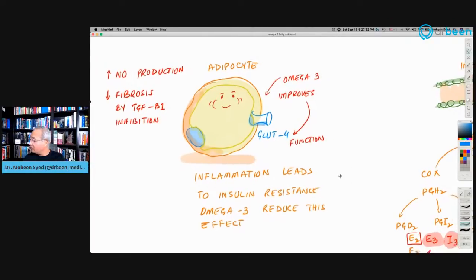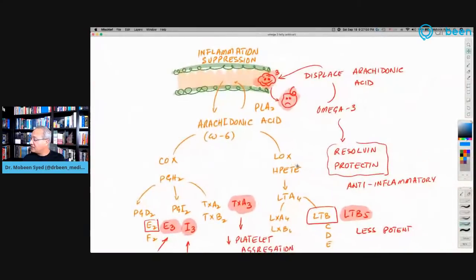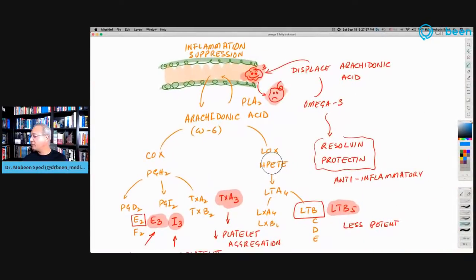So that is also a very important function. And finally, this is really important. If you can take away one thing from this whole talk today, it is this slide. Imagine once again we are at the cell membrane. The cell membrane is made up of a phospholipid bilayer. Inside the phospholipids, there is arachidonic acid sitting there. Arachidonic acid is also a fatty acid.